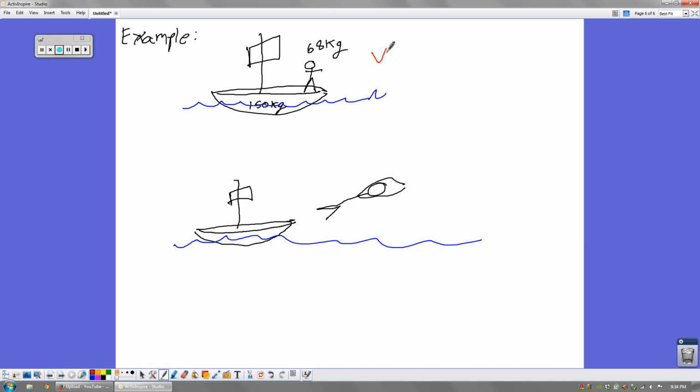Initially, they are at rest. Nothing's happening. Afterwards, Mr. Saslow is jumping off the boat with a velocity of positive 3 meters per second. I want to know, with what velocity does the boat have after the crash?